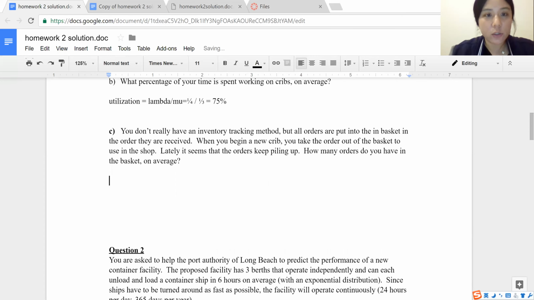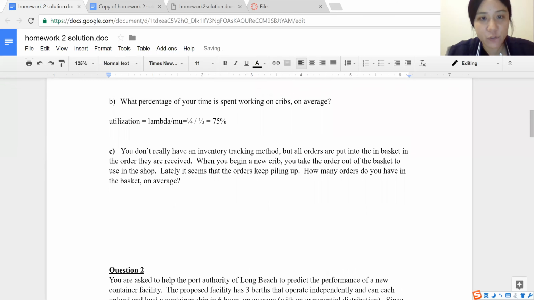Next, you don't really have an inventory tracking method, but all orders are put into the basket in the order they are received. When you begin a new crib, you take the order out of the basket to use in the shop. Lately, it seems that the orders keep piling up. How many orders do you have in the basket on average? So the orders in the basket are basically the number of people in the queue, right?